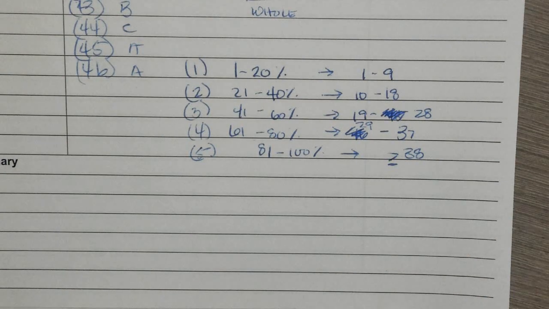You got a 2 if you got between 21 and 40%, which is to say you got somewhere between 10 and 18 right. You got a 3 if you got between 41 and 60%. That's between 19 and 28 right. You got a 4 if it's 61 to 80%. So that's between 29 and 37 right. 38 and above is going to be a 5. Go ahead and write it in your second column.